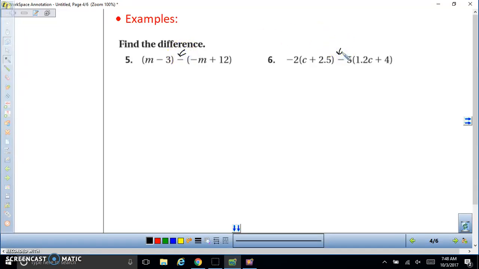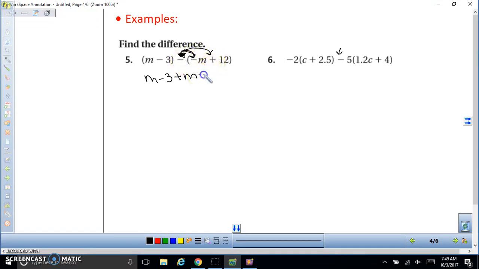So let's use algebra. Okay, we have m minus 3. Those parentheses didn't really mean anything for this problem because there's nothing to distribute. Okay. We have a minus a negative m, so we do have this minus sign that needs to be distributed. So negative times negative is positive.